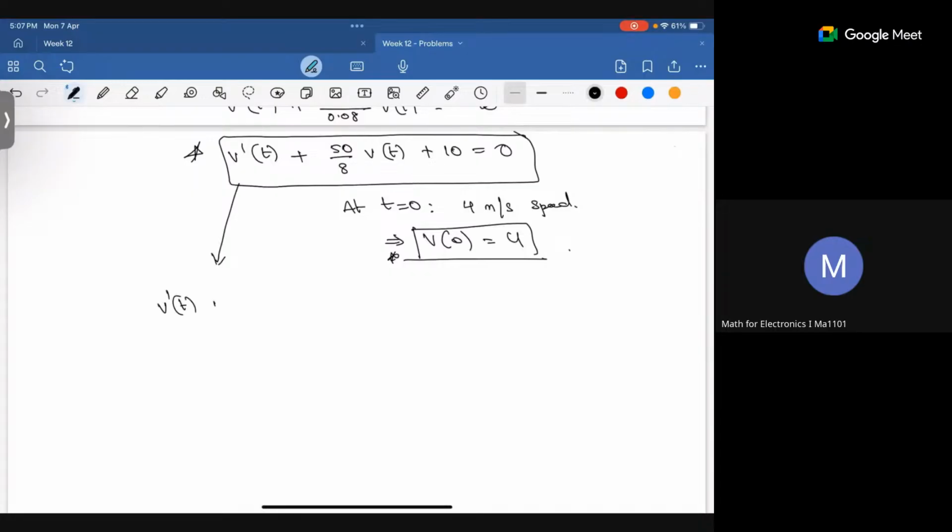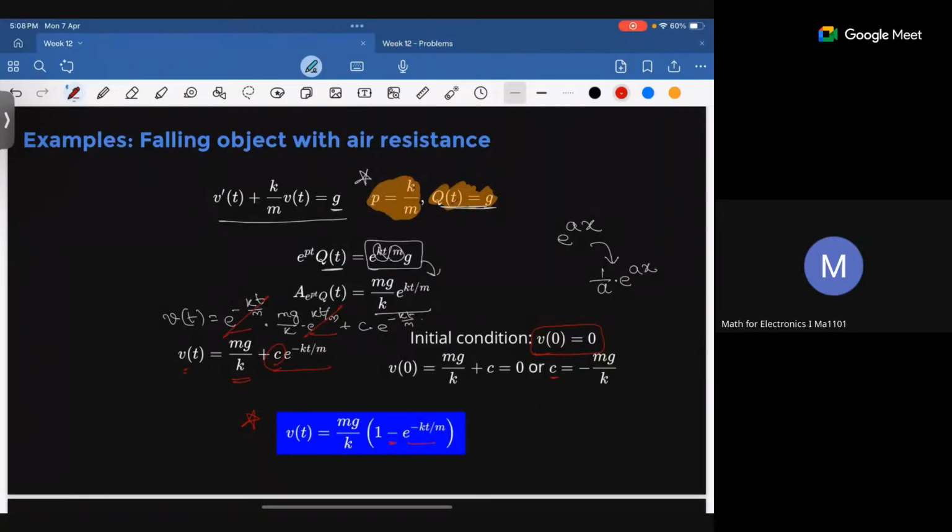So v'(t) plus 50 by 8, or in other words I can write this as 25 by 4, v(t) is equal to minus 10, right? So this is P(t), this is Q(t). Now I will take Q(t) into, that is what I have to do, right?